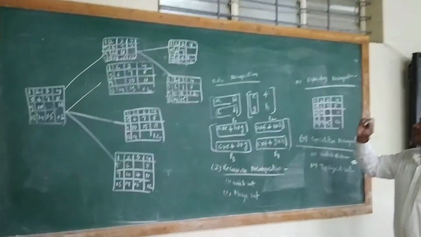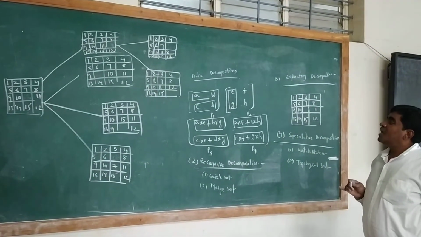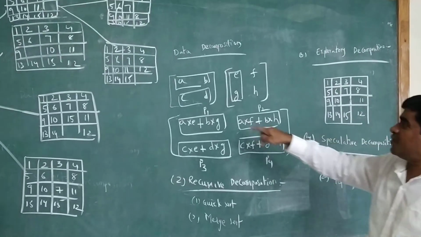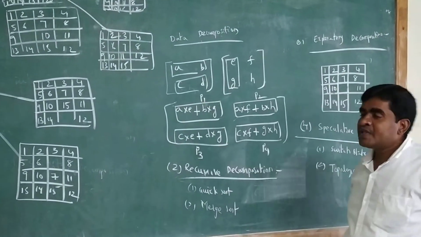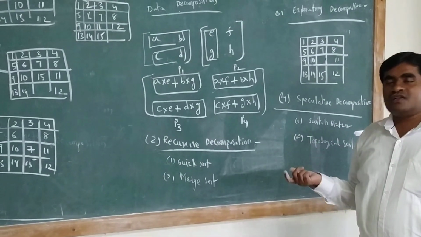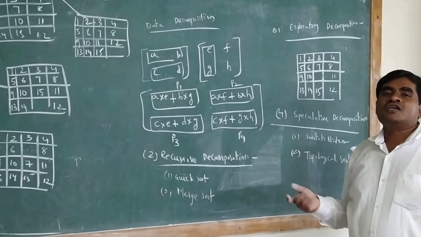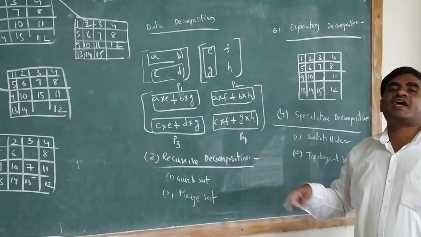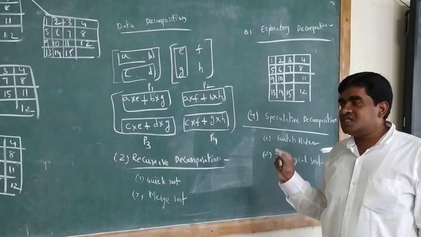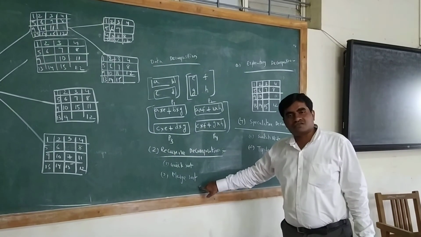So these are the four decomposition techniques. First one is data decomposition, where we divide the data into multiple parts. The best example is matrix multiplication. Second one is recursive decomposition, where we call the same procedure again and again. The best examples are divide and conquer techniques, quicksort and merge sort.